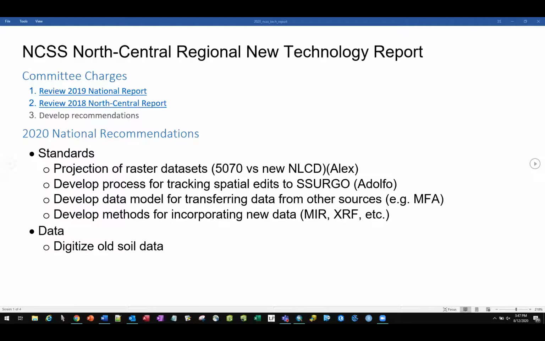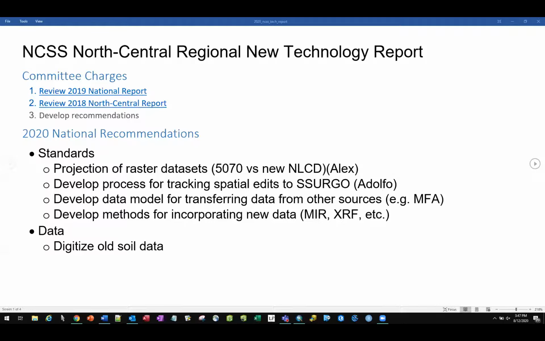Develop data models for transferring data from other sources, MFA or the Soil Mechanics Lab, other laboratories that are collecting really good data. We need to get it somehow either integrated, linked, or put into our own database. And then we need to develop some methods for incorporating the new data, the MIR, the XRF, and any other tricorder data that we come up with.